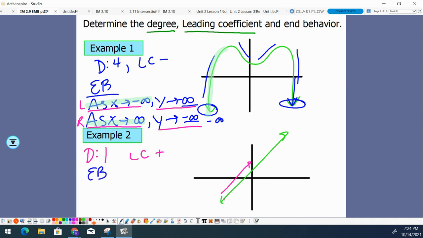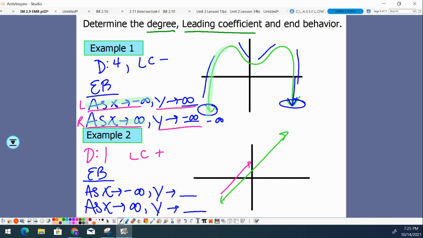End behavior is just: as x goes to the left to negative infinity, y is doing what? As x approaches positive infinity, goes to the right, y is doing what? See, this is kind of a template for every single end behavior problem. So just write this down all the time, and then we just look.